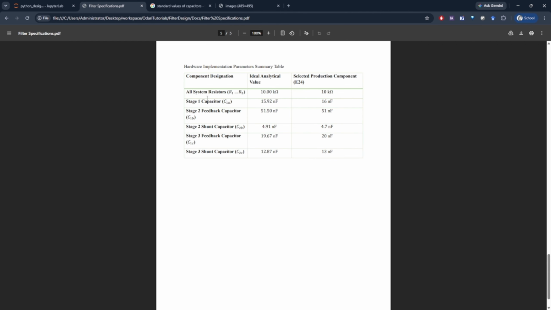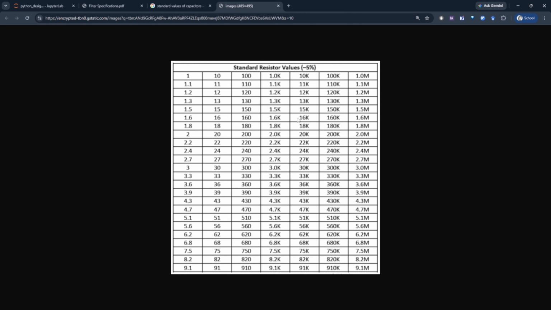There's another capacitor value, 4.91. There's 4.3, 4.7, 4.9, and there's 5.1. So I opted for 4.7 instead of 5.1. So this is how you can pick the standard values. This is for the resistors, and the same applies to the capacitors.